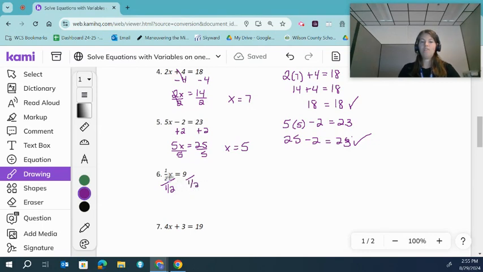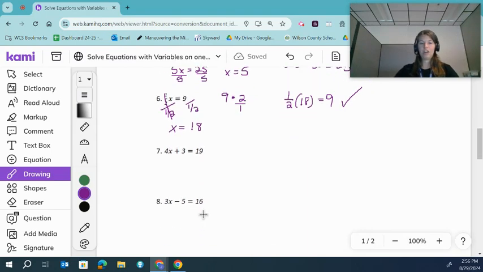Okay, well, dividing by a fraction is the same thing as multiplying by the reciprocal. So 1/2 divided by 1/2 will still give me 1. 1x equals, and then I would do 9 times 2 over 1, which is going to give me 18 over 1, or 18, okay? Again, substituting it back into my original, half of 18 is 9, so this is correct.